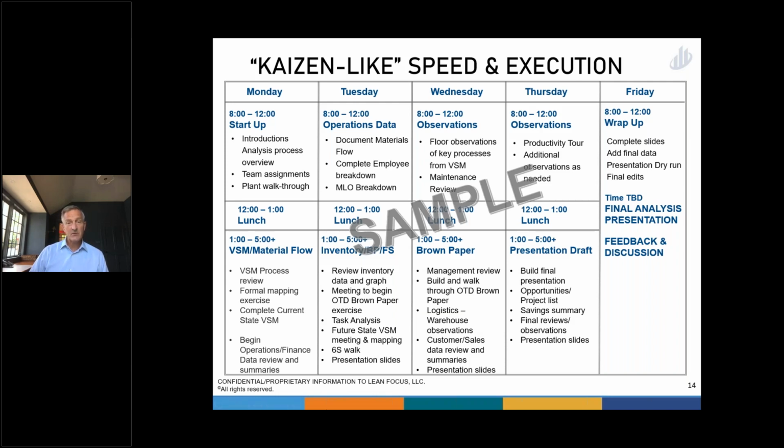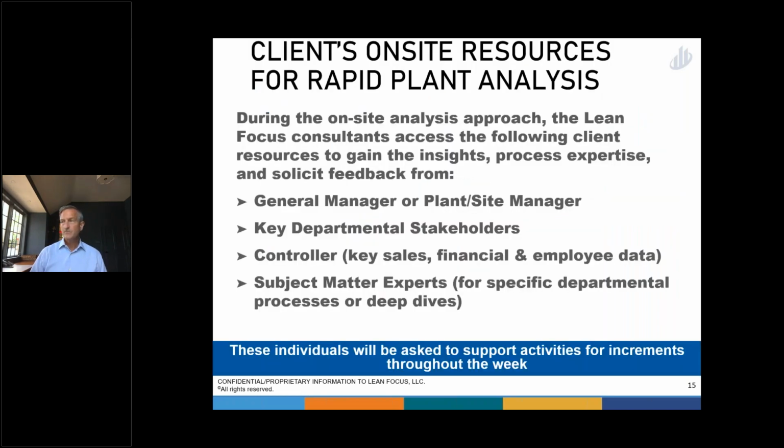So it's a pretty fast moving week, but part of the week is that your team learns how to do all of these analyses. Best practice is that plants go back and do this approximately every year and reassess and build the roadmap for the next year as they continue on that never-ending lean journey.